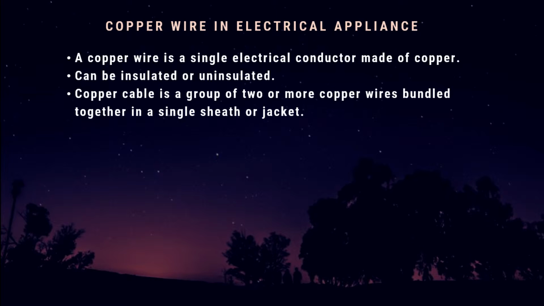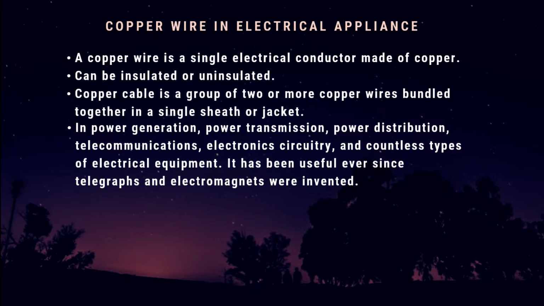So, copper wire in electrical appliances. A copper wire is a single electrical conductor made of copper. It can be insulated or uninsulated, as we can see in the figure. Copper cable is a group of two or more copper wires bundled together in a single sheath or jacket.